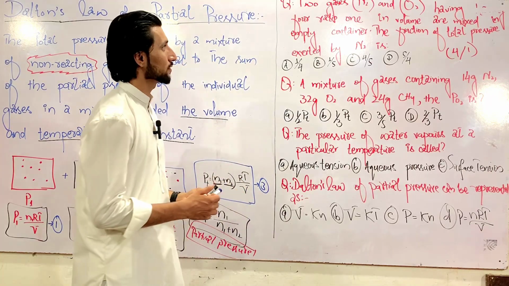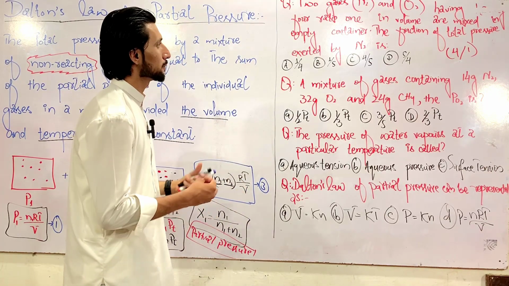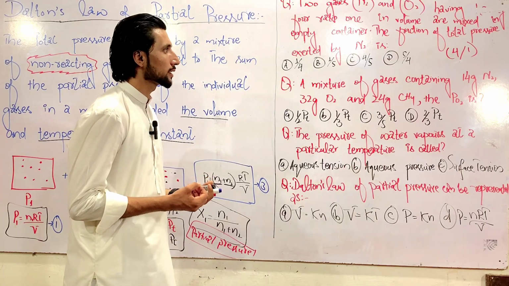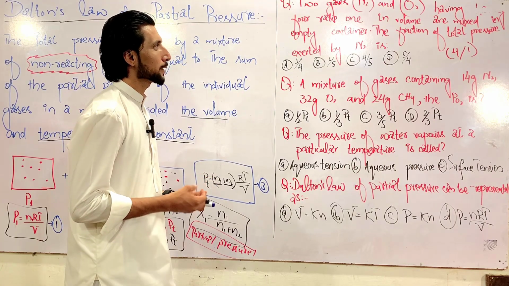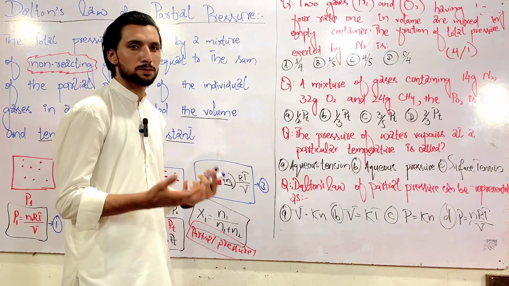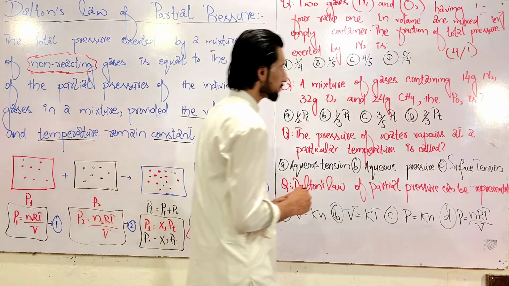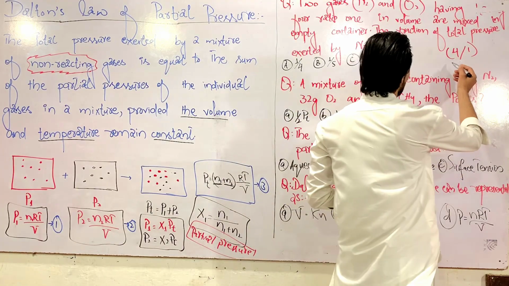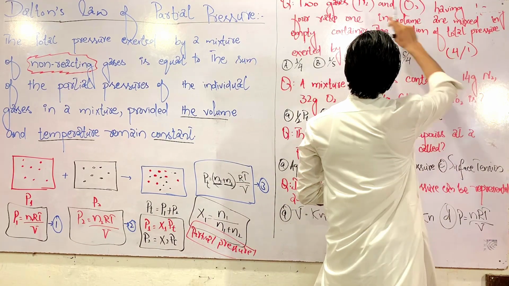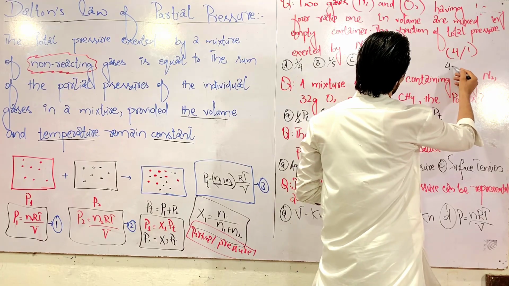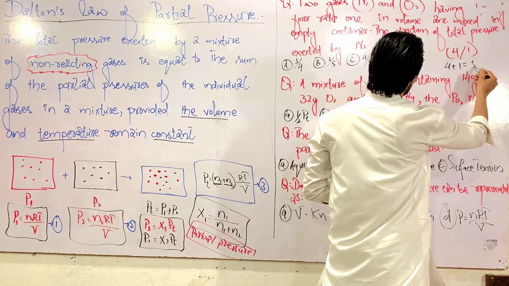They are asking us to find the fraction of total pressure exerted by N2. In this case we have 4 volumes of nitrogen and 1 volume of oxygen, so 4 plus 1, the total volume equals 5.